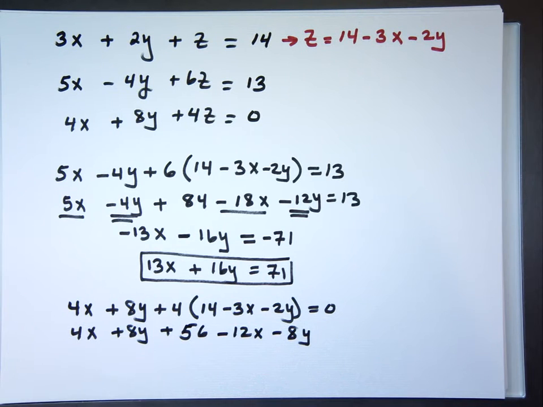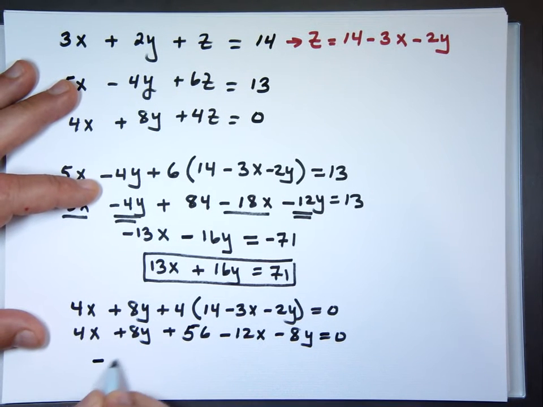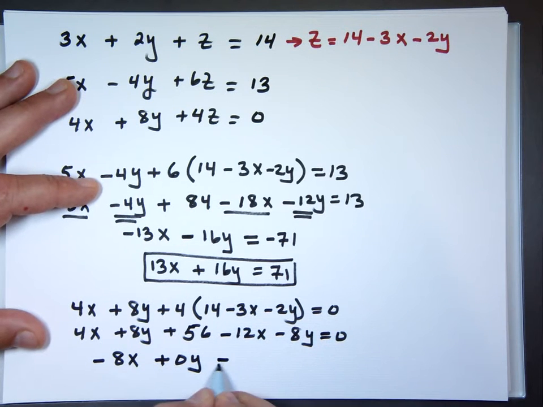Wow, this is perfect. I didn't plan it that way. I did not plan it this way. What's 4x minus 12x? Negative 8x. What's 8y minus 8y? It's actually 0y. Equals what? Negative 56. And that's my second equation.